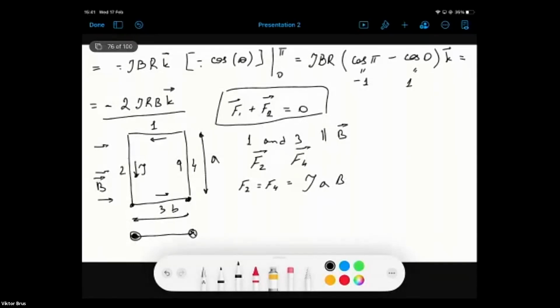So now if we consider point O, which is in the middle of this side of the loop, and define what will be the direction of the magnetic force, we will see that this is our force F2, and here is force F4.